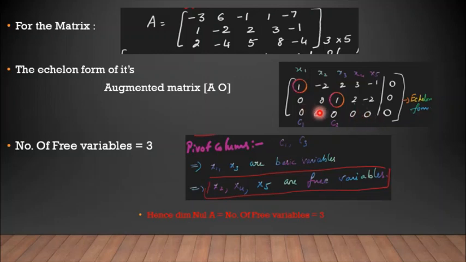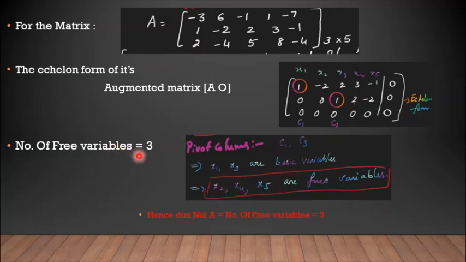That means the remaining three variables are free variables. So the number of free variables is equal to 3, that is equal to the number of columns that are not pivot columns. Or you can say pivot columns are C1, C3, that implies x1, x3 are basic variables, which implies x2, x4, x5 are free variables. How many free variables are there? 3 free variables are there.